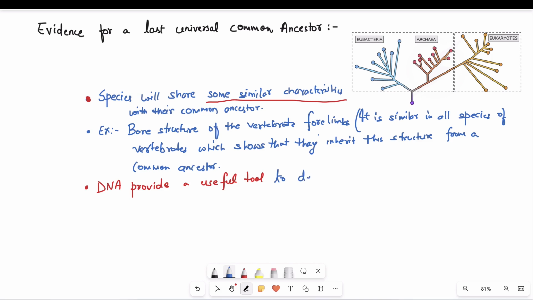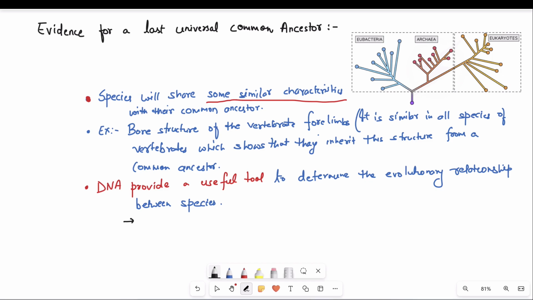So I can say that DNA provides a useful tool to determine the evolutionary relationship between species. What kind of information are you going to get?